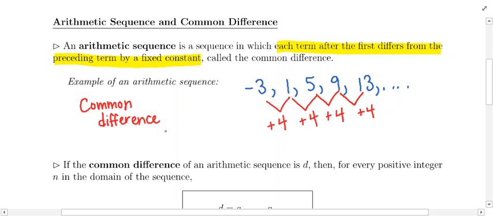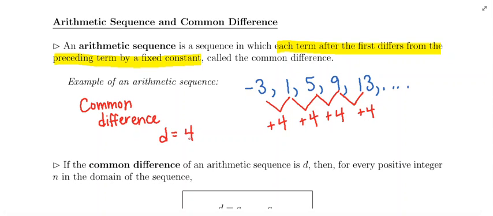We denote it with a lowercase d. You could be subtracting; you don't always have to be adding with an arithmetic sequence. You can be subtracting a quantity to go from one term to the next, and then your d value would be negative because you would essentially be adding a negative number.